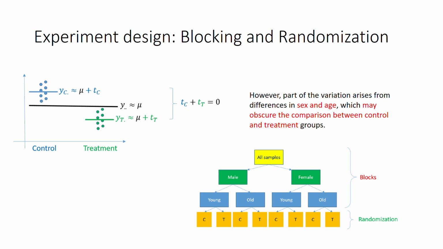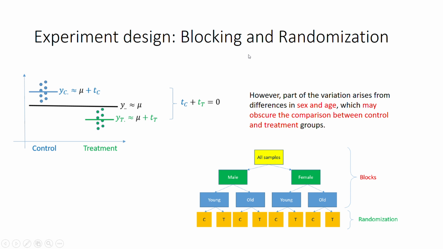So you would separate male from female animals, then within each one of the blocks you would separate between young and old animals, and once you have homogeneous groups with respect to the variables you're considering, that is age and sex, then here you randomize.